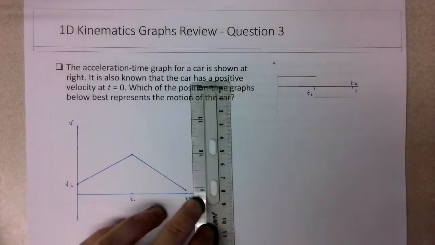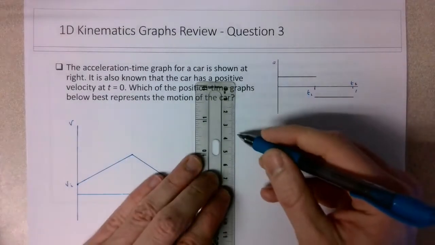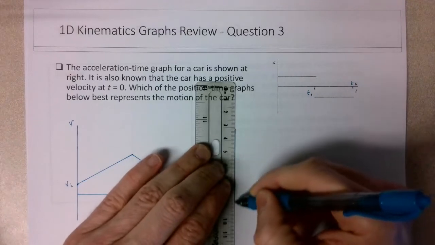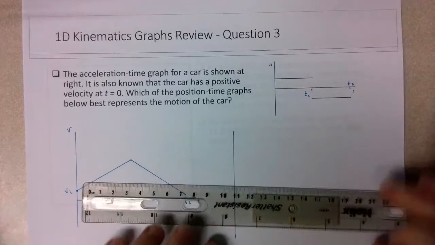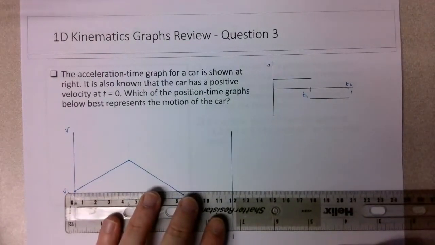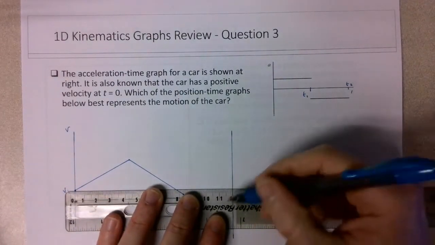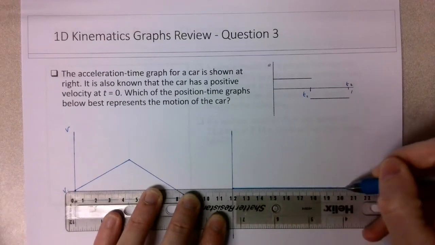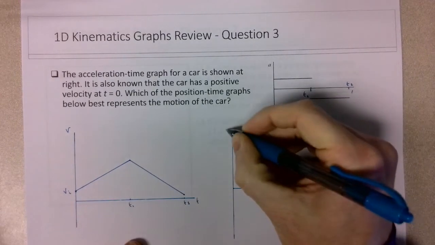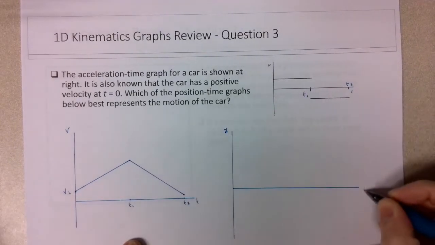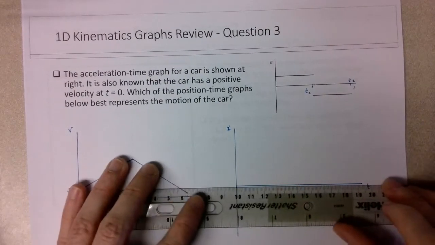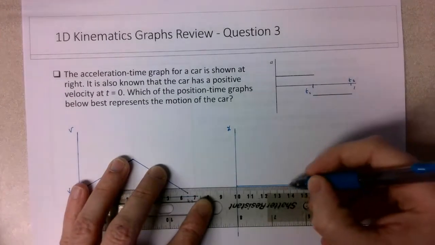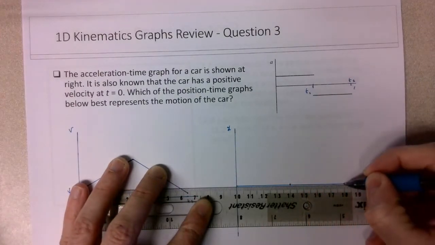So then to draw an x-t curve that's consistent with this v-t curve, x-t, and I'll try to split this up roughly evenly, t1 and t2.